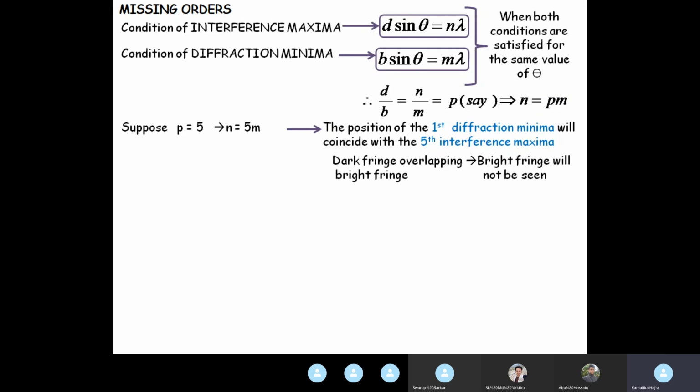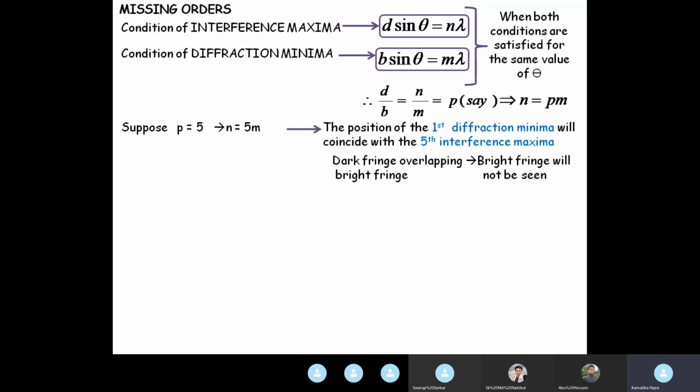All right. So when the first dark fringe due to the diffraction minima is falling at the same position as the fifth bright fringe due to interference maxima, the fifth bright fringe will not be seen. You will only see the first dark fringe of the diffraction pattern.